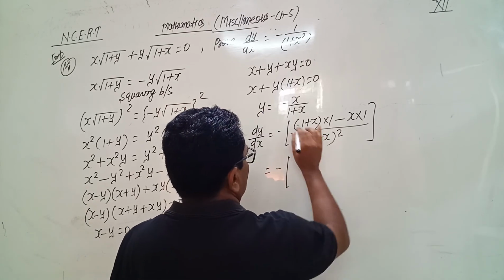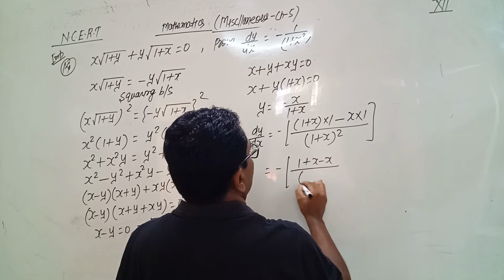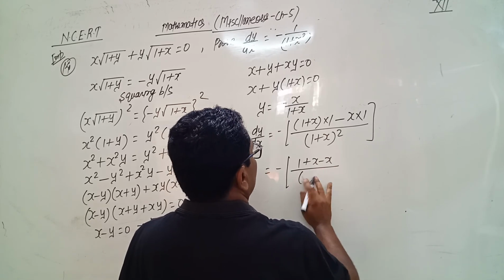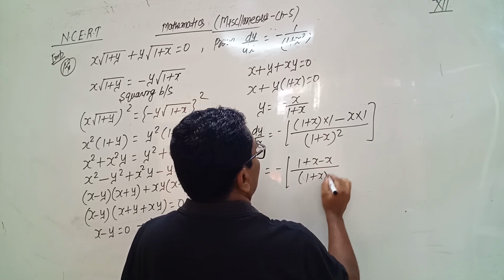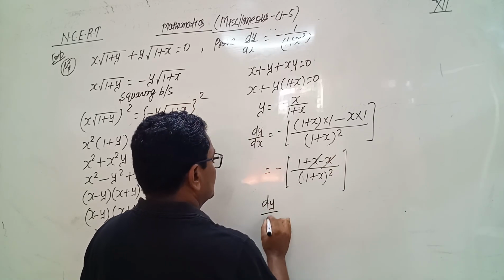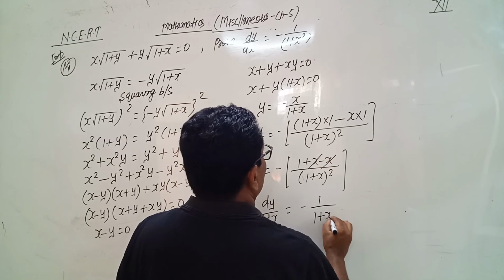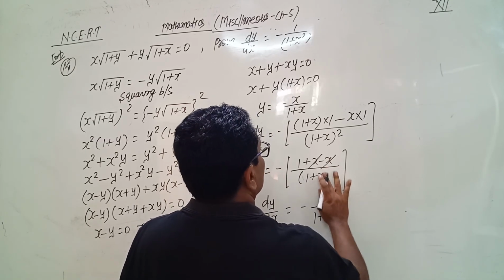So minus, removing the bracket, 1 plus x minus x upon (1 plus x) square. x and x cancelled, and it becomes dy by dx equals minus 1 by (1 plus x) square.